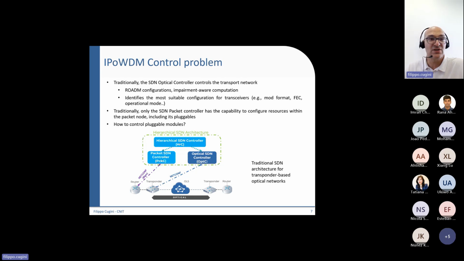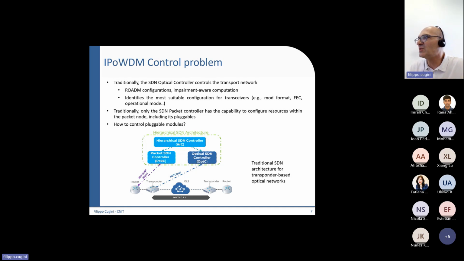Once this connection is up, the IP connectivity sees a link that is up and gets active as well. So there is this coordination made by the hierarchical controller, but this coordination is quite simple. First, set up the optical connection, and then the IP connectivity will go up immediately as soon as the physical connection is up.